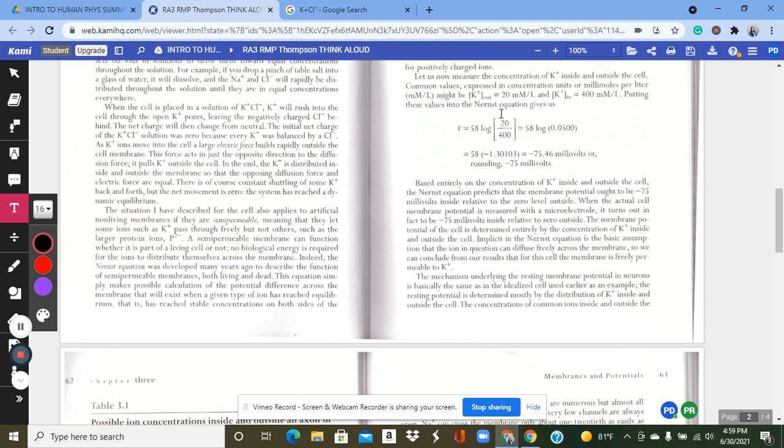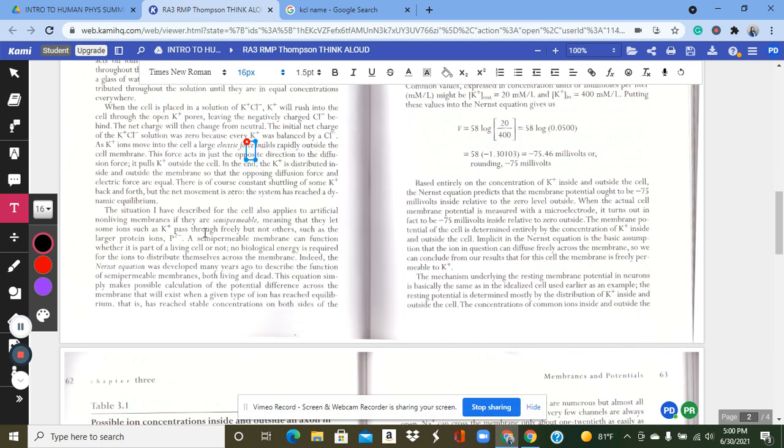The initial net charge of the potassium chloride solution, I believe, was zero because every potassium was balanced by a chlorine. So as potassium ions move into the cell, a large electric force builds rapidly outside the cell membrane.